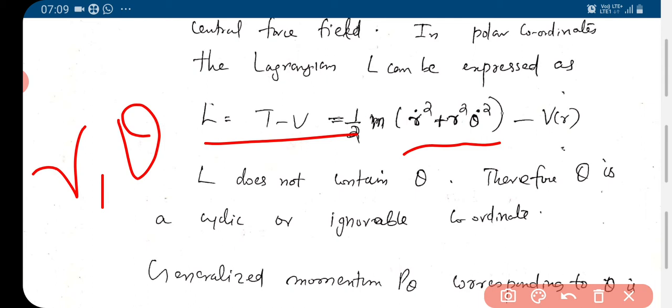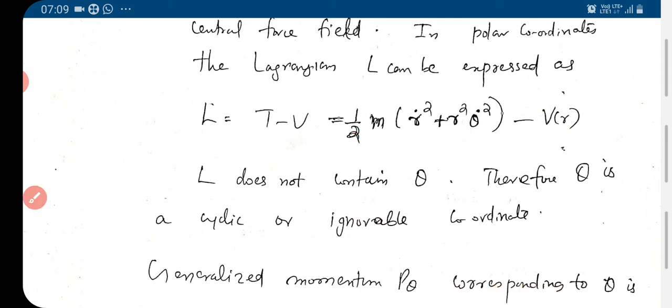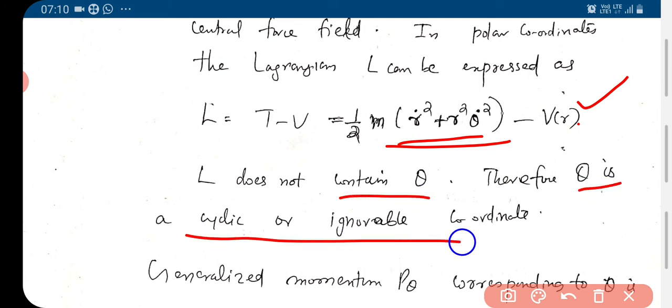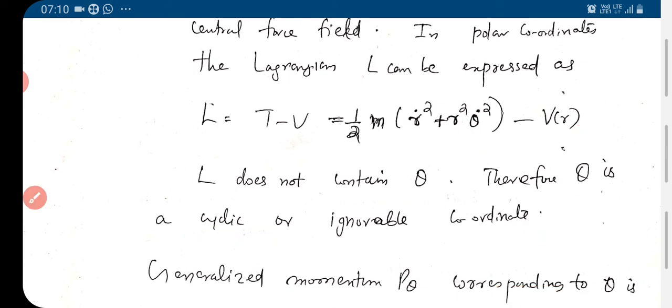Sorry, the Lagrangian does not contain θ. It contains r; r will be there in this function. It does not contain θ. Therefore, θ is a cyclic or ignorable coordinate.